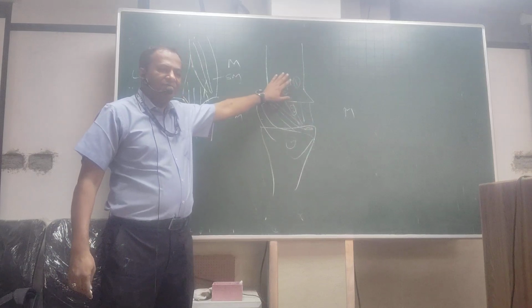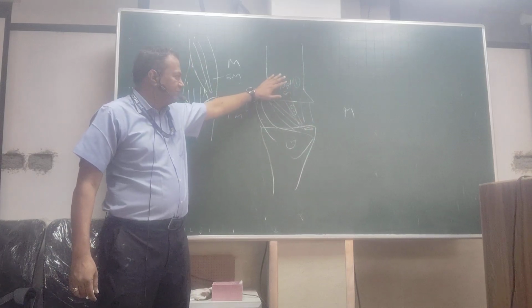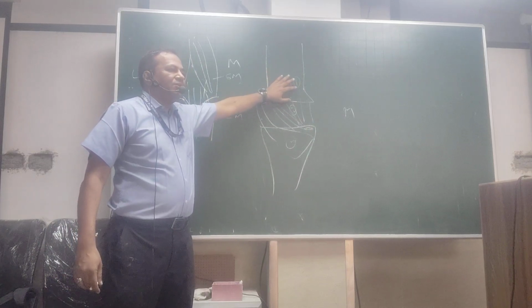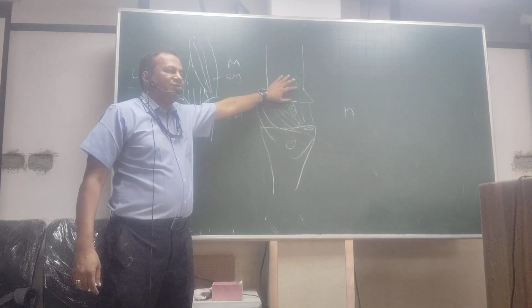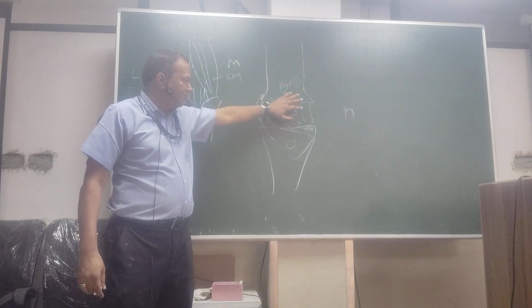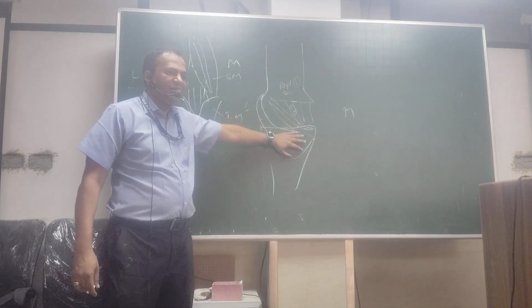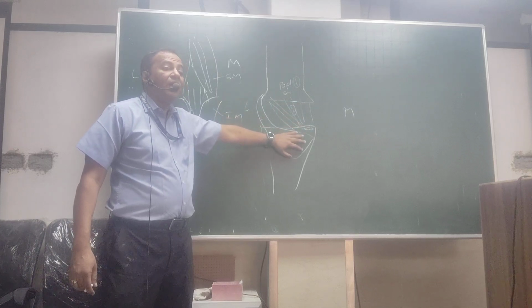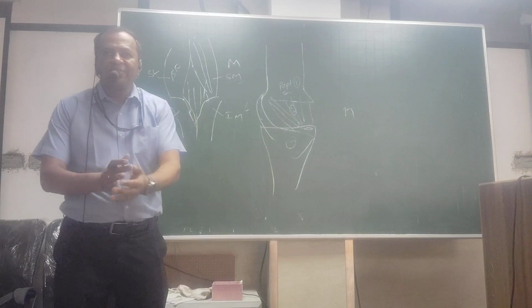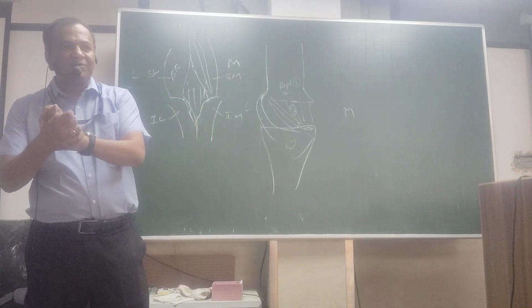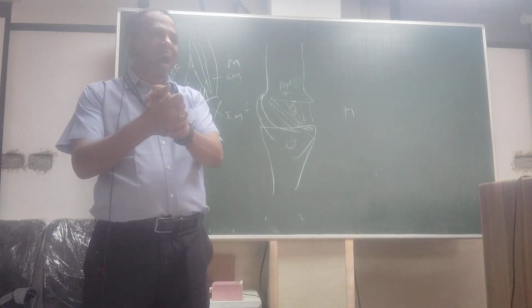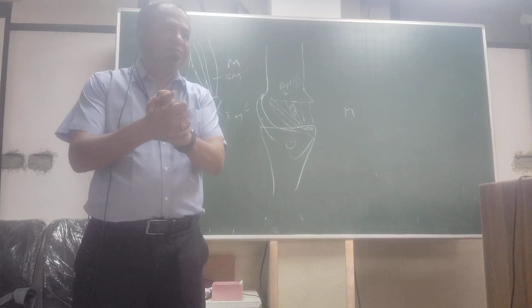Above downwards, the floor of the popliteal fossa is formed by one, popliteal surface of femur; two, oblique popliteal ligament; and three, fascia covering the popliteus. So boundaries done, roof done, floor done, okay?